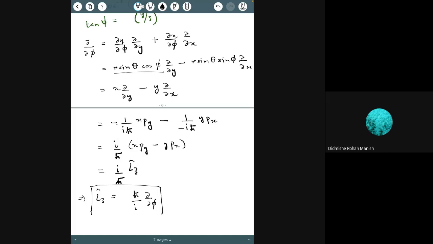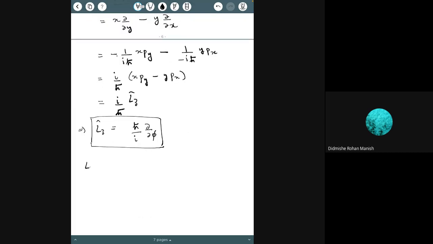Okay. So this is the differential form of the Lz operator in spherical polar coordinates. So that only depends on φ. So this is the simplest one. Lx and Ly I will just write here, but it's the same procedure, just more algebra. Lx is iħ (sin φ ∂/∂θ + cos φ/tan θ ∂/∂φ).